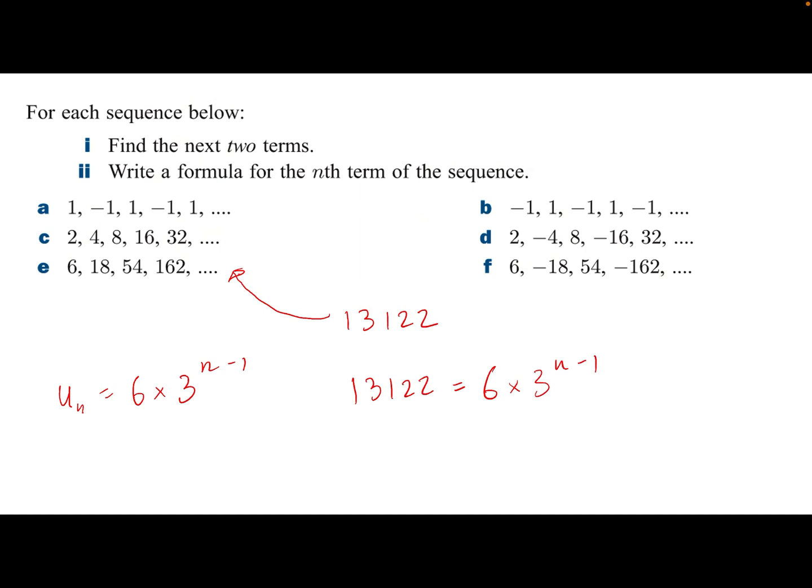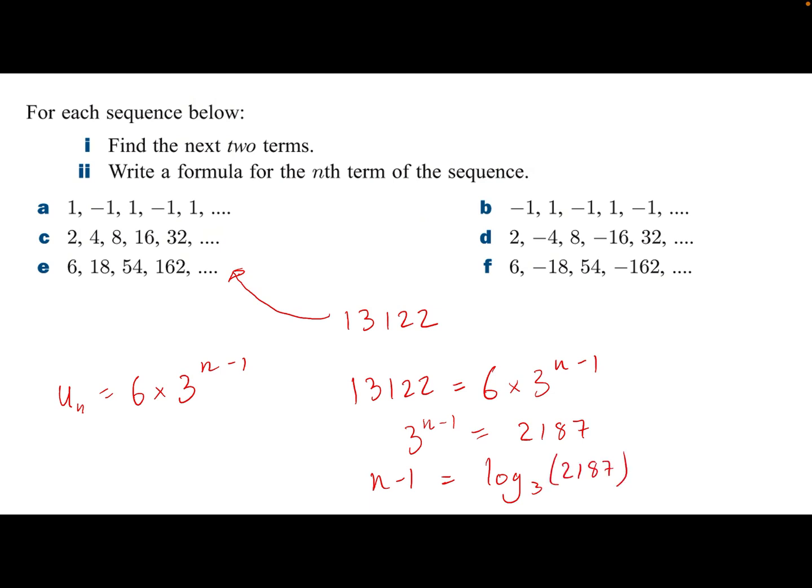Well, how do I solve that? Let's divide both sides of the equation by 6. I'm going to get 2187. Now, how do I solve that? Really hoping that you recognise that it is logs. So n minus 1 is equal to log base 3 of 2187.